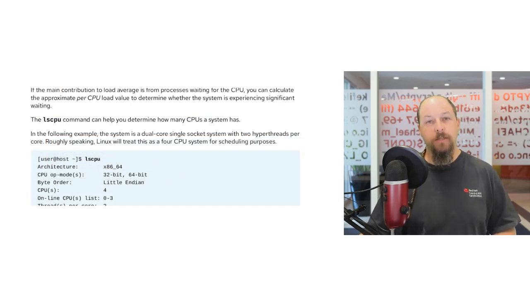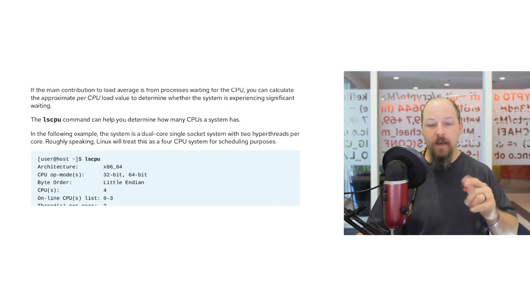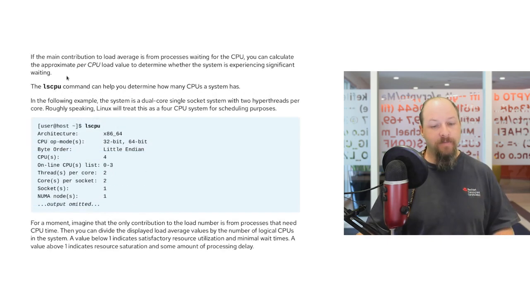When we start looking into what may be causing system bog down or what other processes may be in play, we can start using other commands to gather information about the system and calculate things like available CPU load. We have a helpful command called lscpu, which will determine how many CPUs the system has, as well as critical information about those specific CPUs.